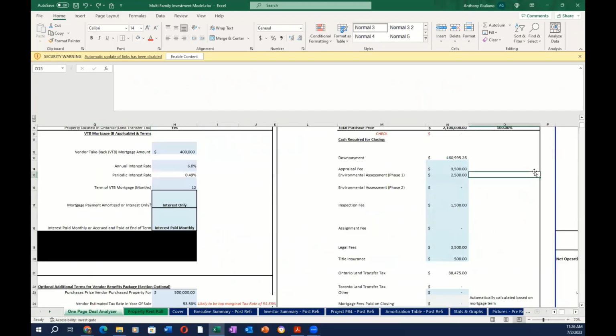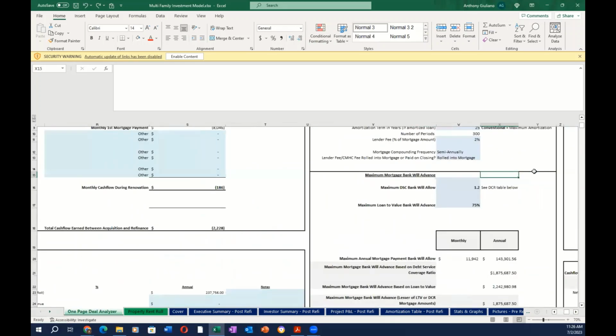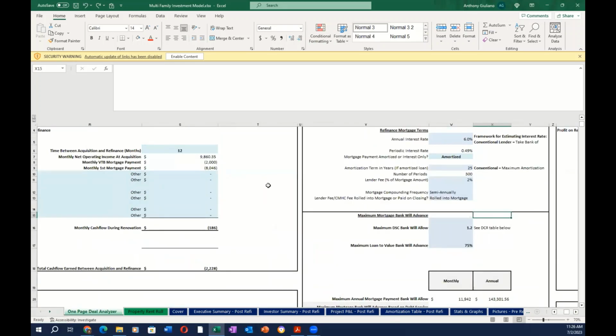So the goal of this section is to calculate our monthly burn on the property. How much cash are we burning every month? The monthly mortgage payment is about $8,050. So that means this property loses, in terms of cash flow, about $186 a month.